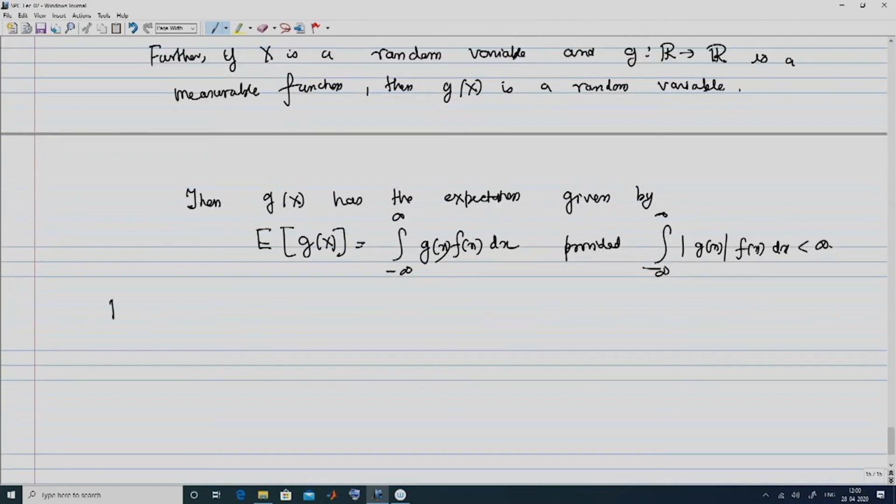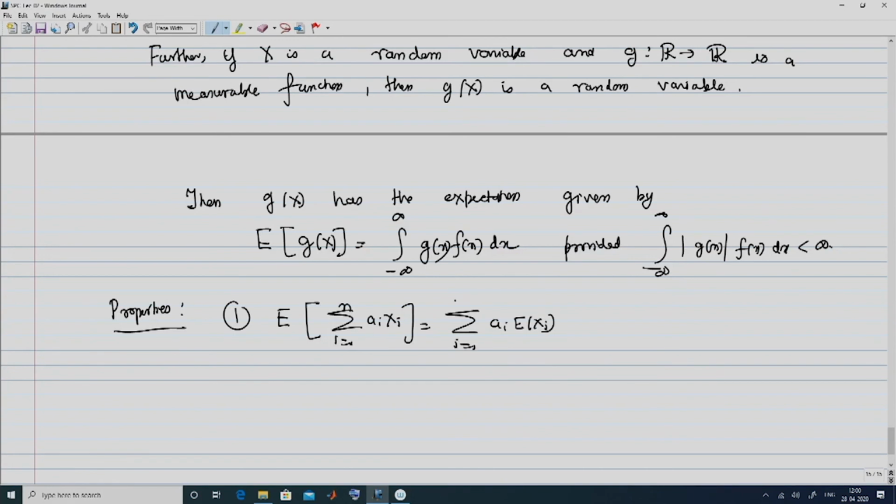So, just to wind up this, we will briefly note the properties both for expectation as well as variance. Expected value of summation a_i X_i, i equals 1 to n, is going to be summation a_i E of X_i. So, expectation satisfies the linearity property.